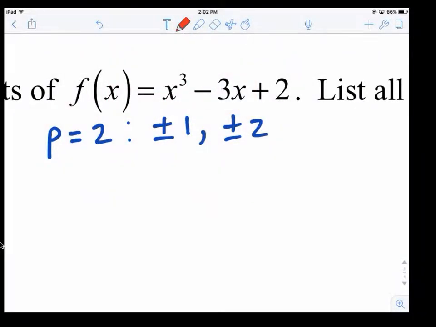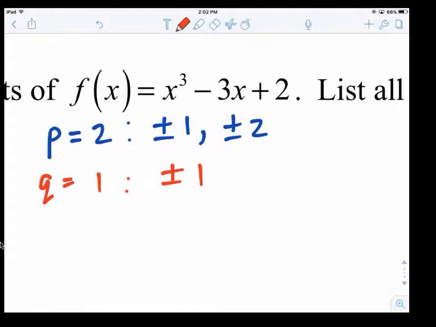Okay. Now, what is my leading coefficient? 1, right? Now, factors of 1 are 1. Okay, so now I need to come up with possible rational roots using these numbers.